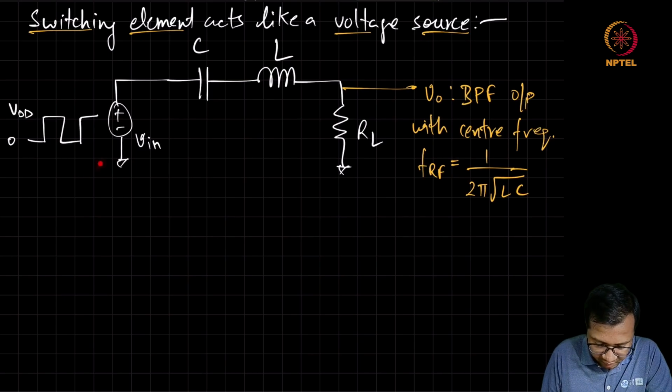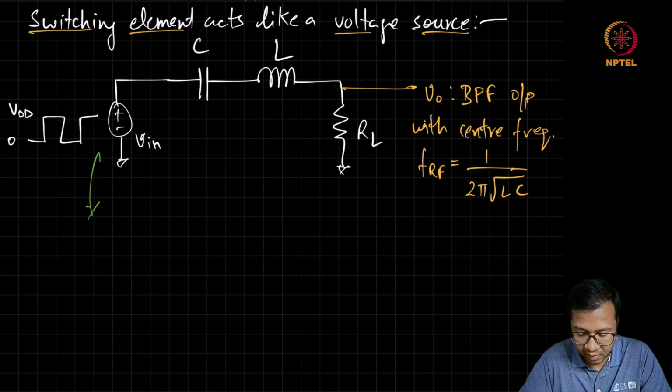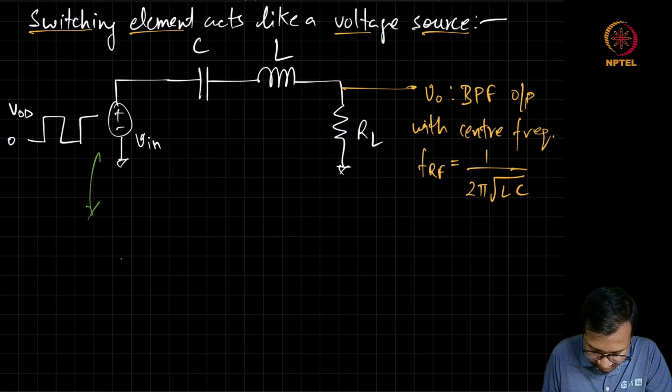So for example, this simple square wave can be generated with the help of an inverter circuit.